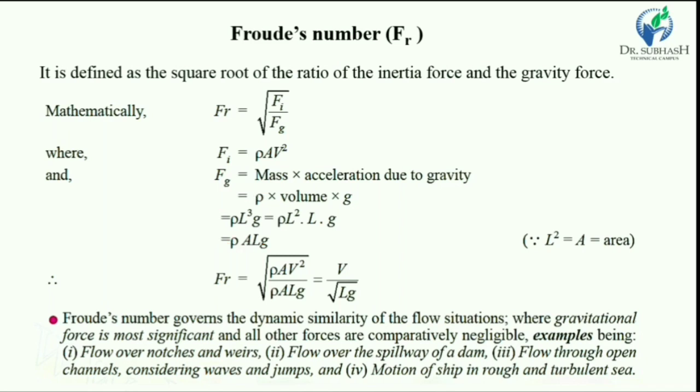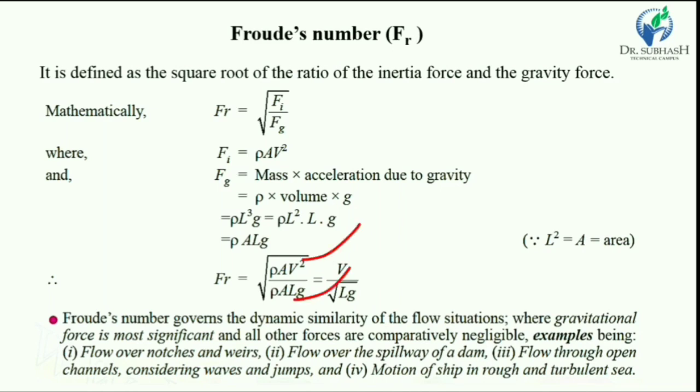Now L cube is subdivided as shown in figure, L square into L, and we know that L square is defined as area. So rho A L g is the final equation for the gravitational force. Now we find the equation of Froude's number. Take the ratio and square root of inertia force and gravitational force.